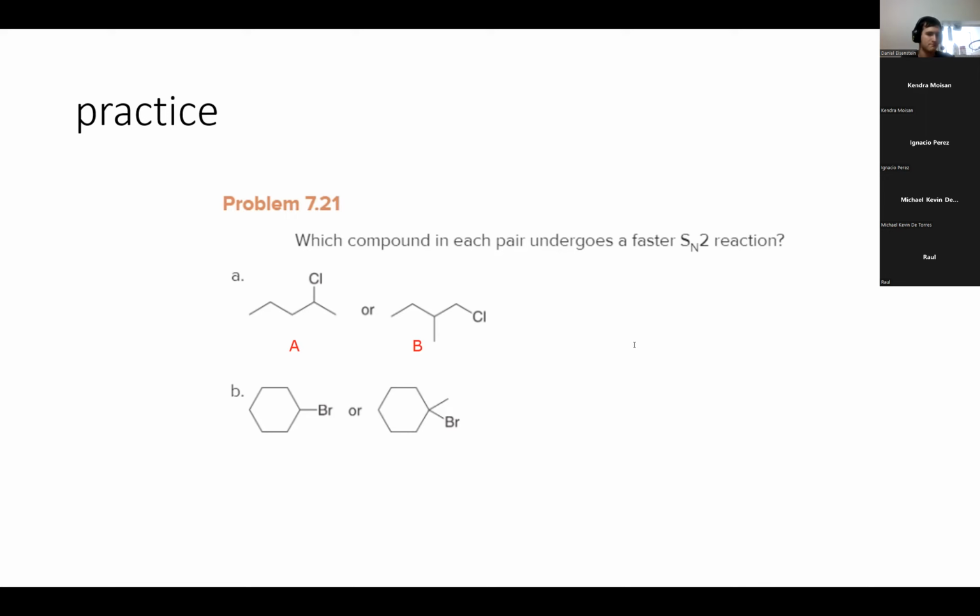It's going to be B because B is primary while A is secondary. For B, which is faster? Awesome. Good job.